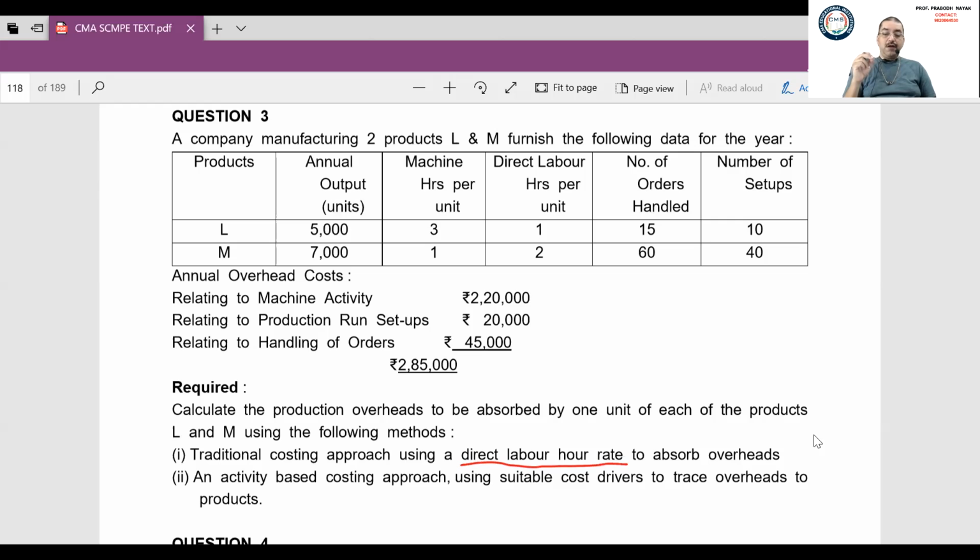So here they are saying it is on the basis of labor hour rate. Traditional costing allocation to be done on labor hour basis. Second, an activity-based costing approach using suitable cost drivers to trace the overheads to the products. So now we are having a problem of traditional costing and ABC, activity-based costing.